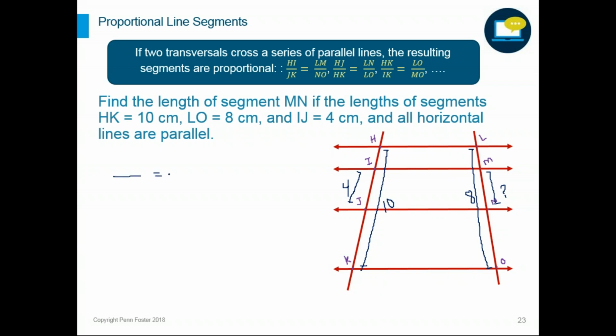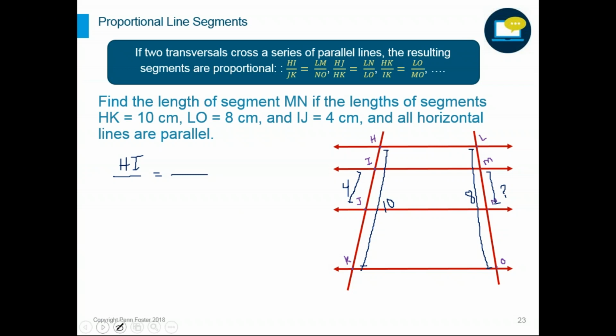So I'm going to set up my fraction like this. HI from the first transversal over IJ over HK.